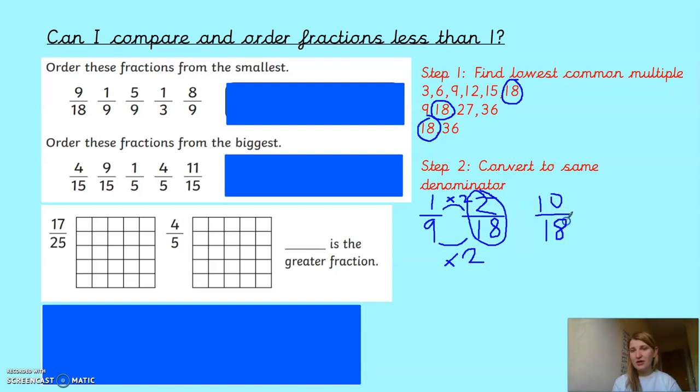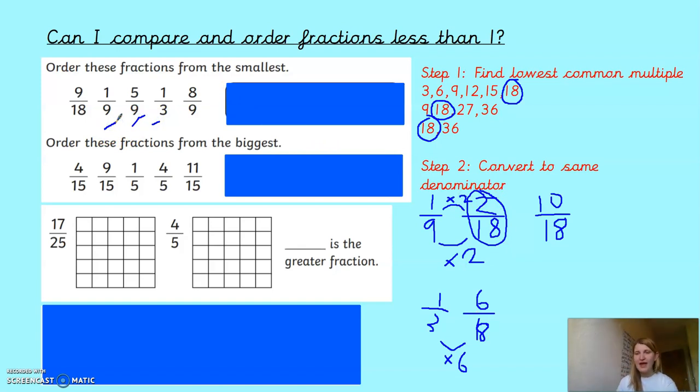1/3 this time. For 1/3, what do we need to multiply by to turn it into 18ths? What do you think? Well, 3 times 6 is 18. And I do the same to the bottom as the top. So 1 times 6 is also going to be 6. Okay. So we've done this one, this one, this one. And then finally 8/9.